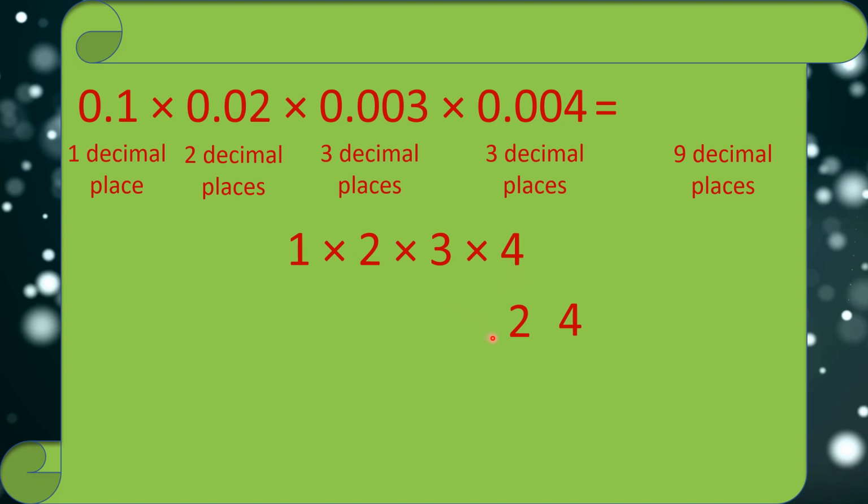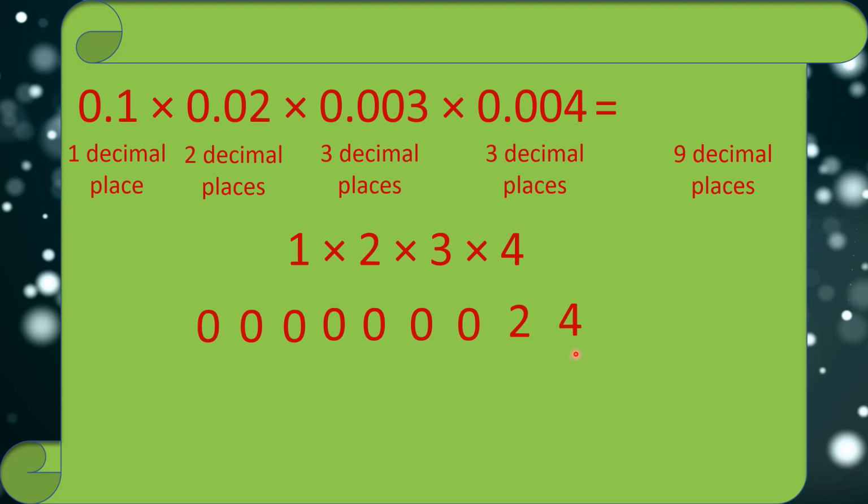Now we should create 9 decimal places. How we will create this? There are 2 digits, so we will add 0 here. Now 3 places, add one more 0, 4 places, then 5, 6, 7, 8, 9.